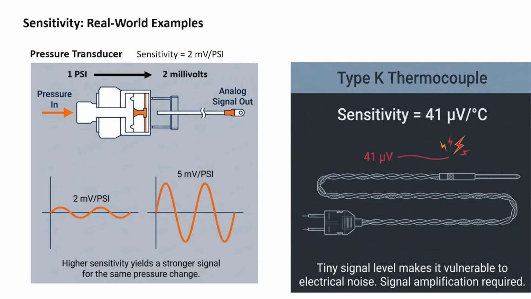And this is exactly why thermocouple signals are so susceptible to electrical noise, and why they always require careful signal conditioning and amplification before you can do anything useful with them. The physics gives you a very small output per unit of input, so the signal to noise challenge is built in.